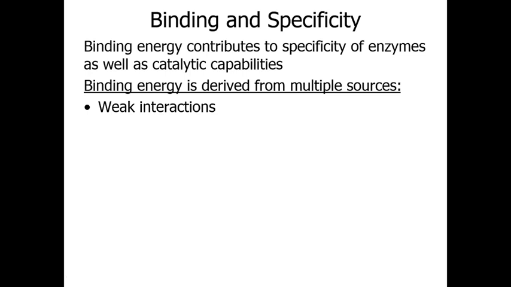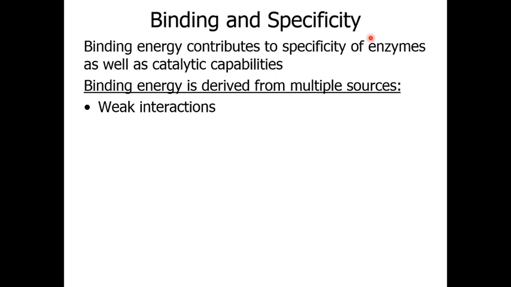Before that, I want to get your attention to something here. Binding and specificity. What are these two terms? You know what binding is. Binding is the attachment of a substrate to an enzyme, or attachment of a ligand to a protein, right?